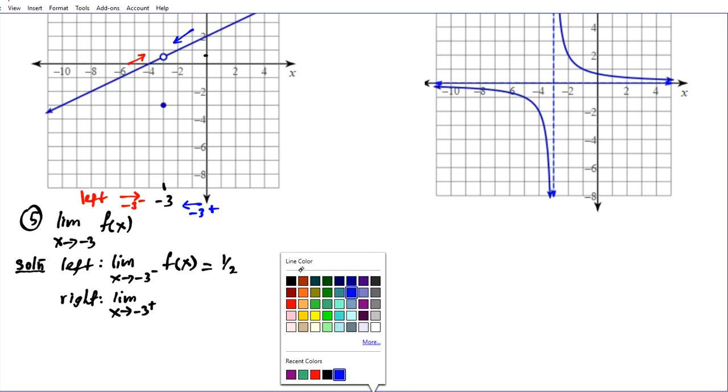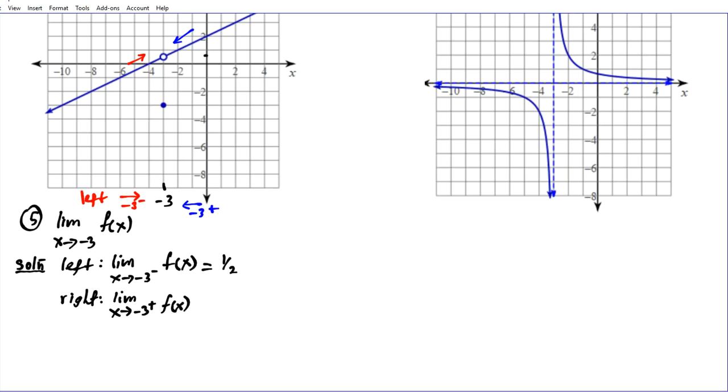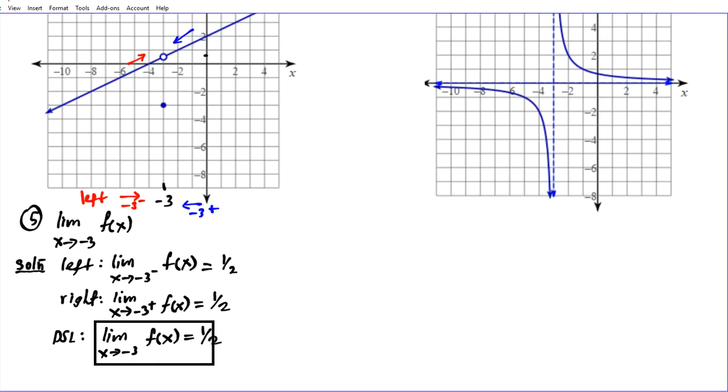So the right-handed limit, the limit of the function as x approaches -3 from the right, is also 1/2. Okay, so what about the double-sided limit? It's going to be equal to both of them since they're equal. The limit as x approaches -3 from both sides, so you don't put any number, of the function is equal to 1/2, since the left and the right-hand limits both have this value. Alright, so that's that.